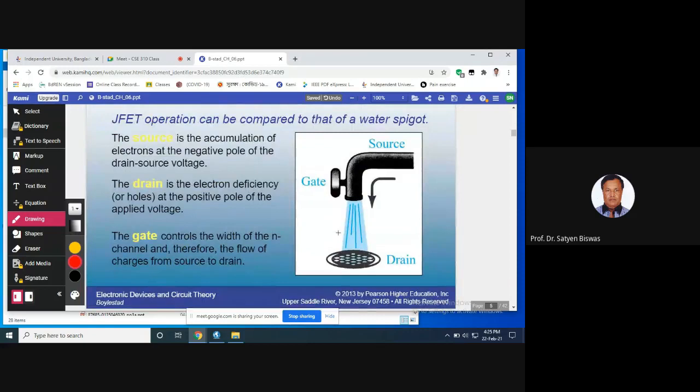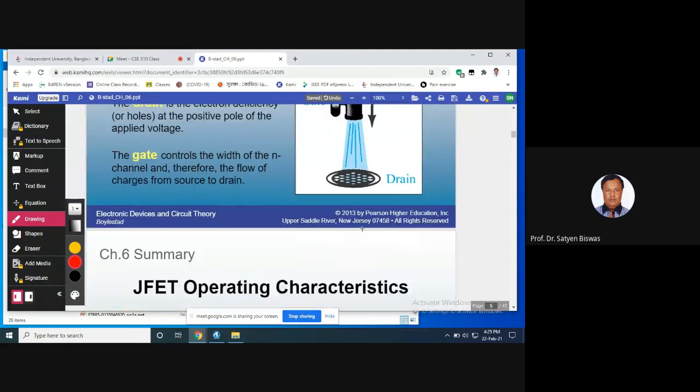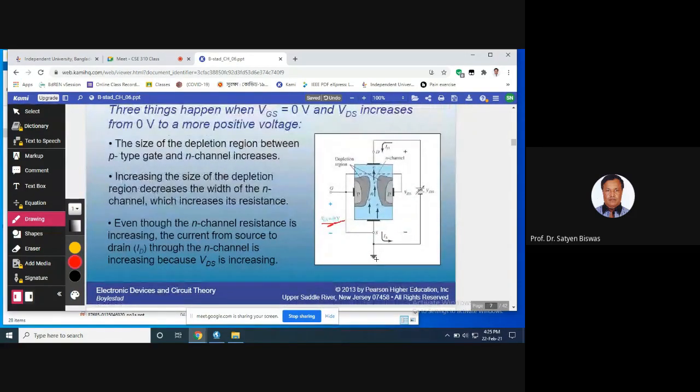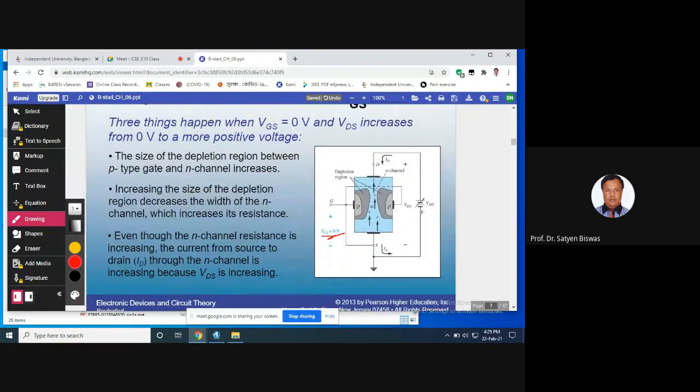For example, if we want water in the output, we must supply the water in the source. Here the source is the ground, and the negative terminal is connected to the source, and the positive terminal is connected to the drain, right? Now what will happen?